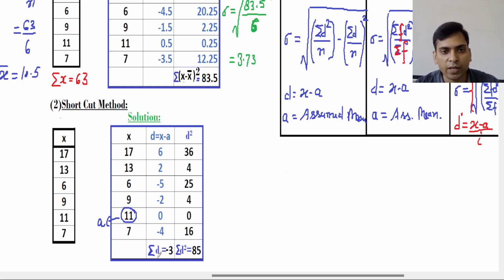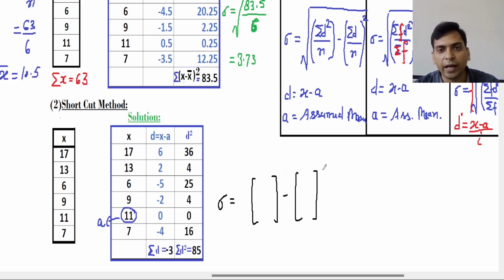Then we put all these values in this formula. This is summation d square, this is summation d. So sigma equals the square root of two parts: the first is summation d square divided by n, the number of observations, minus the square of summation d divided by n.